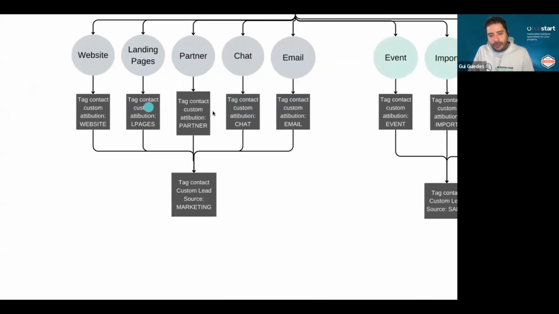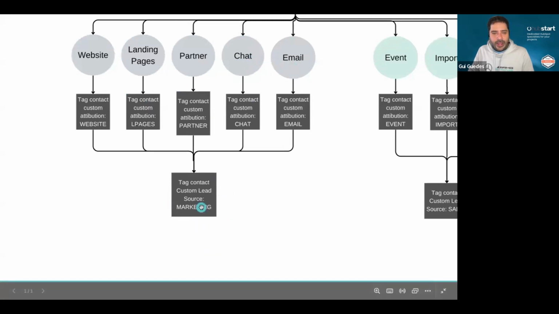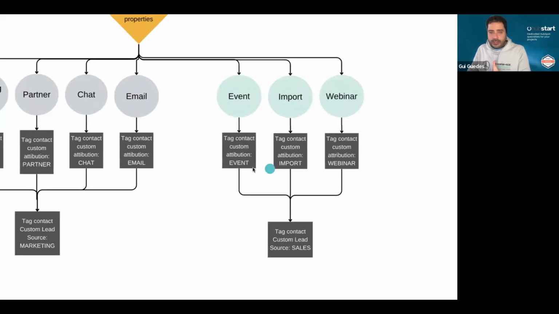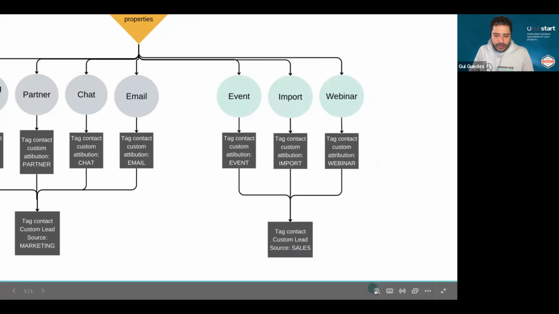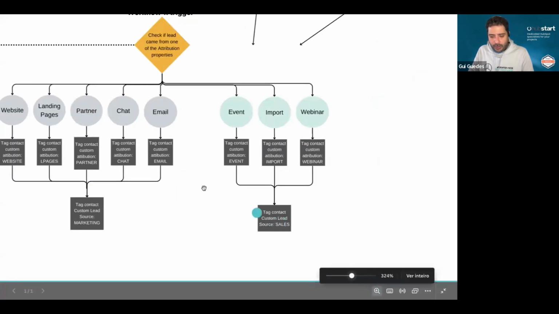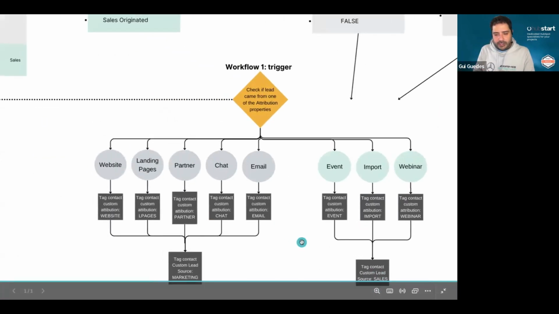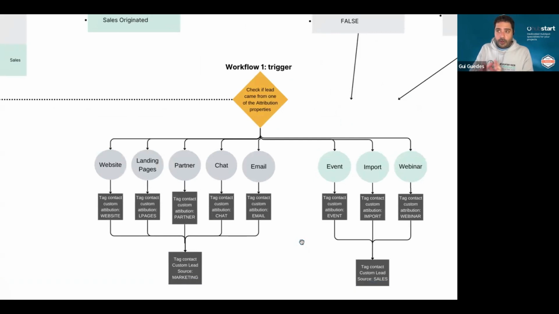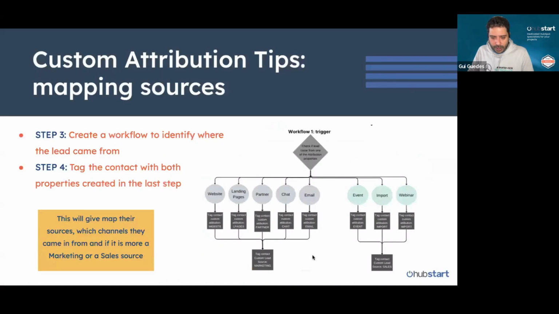If they all come from any of these particular channels, you can tag them as marketing. And for us, for example, if they come from these channels here, these touch points, you can tag them as sales generated. Okay, this will give you now a very precise look into your account on what channels are driving you more leads and which kind of teams inside of your company are generating those leads as well.